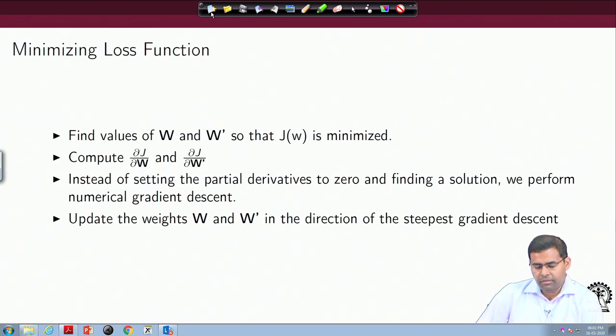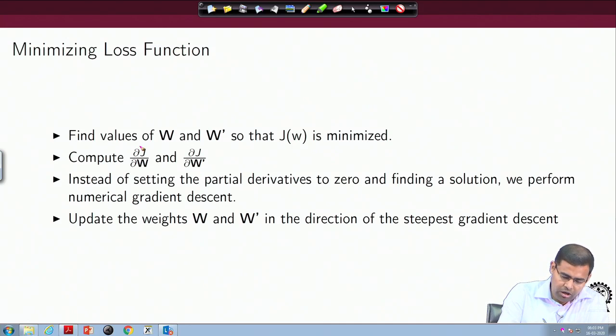Let me just repeat again. Since for a sufficiently complex situation these w's and w primes are of a very high dimension, j will have a very complex functional form. So rather than trying to set the partial derivatives to 0 and compute all such minima, which may be quite intricate using exact closed form expressions, it makes sense to first find out how these things look.